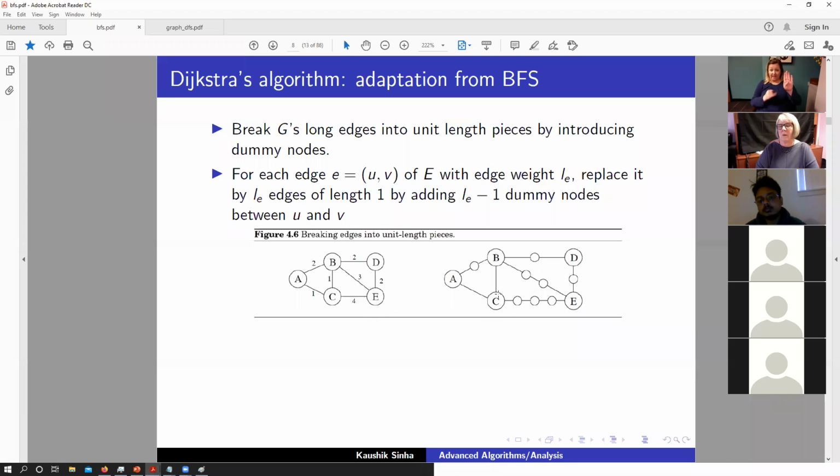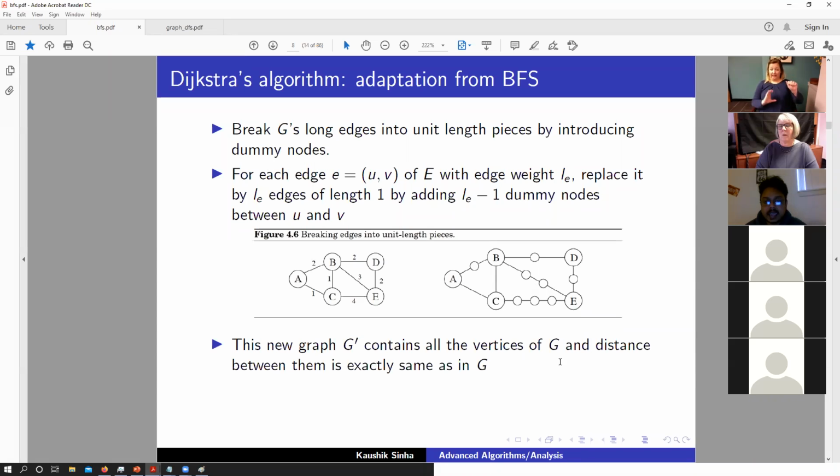So now if we apply BFS on this particular graph, let's say we start off from A, then we find out this particular dummy node and C first, and then from this particular dummy node we detect B, and that basically gives us the idea that B is 2 units away from A, whereas C is just directly after A, right?